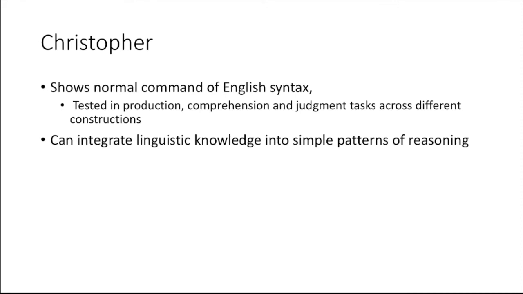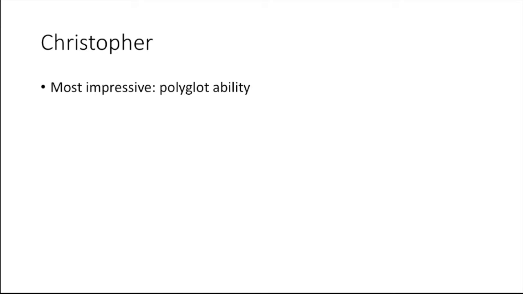So he shows normal command of English syntax, in terms of production, comprehension, and judgment tasks, just like a normal, competent native English speaker. And he can integrate linguistic knowledge into simple patterns of reasoning. But what seems to be most impressive is his polyglot ability.